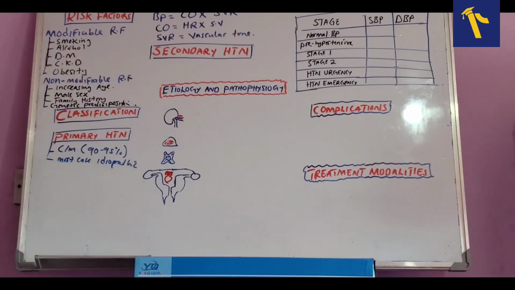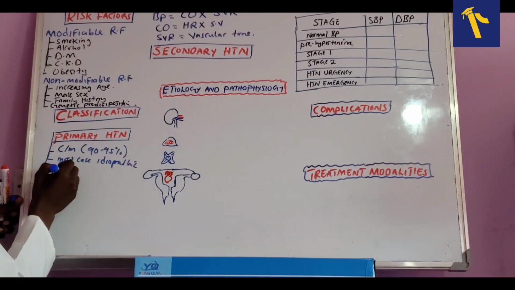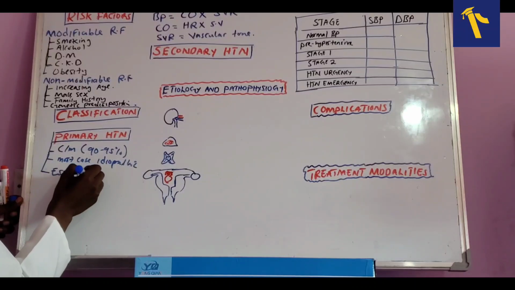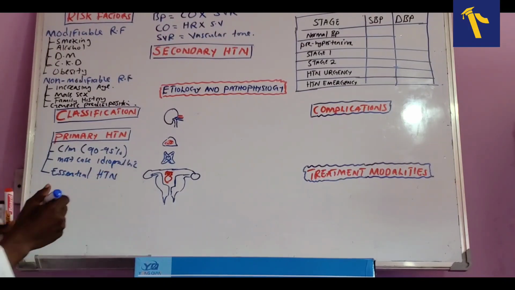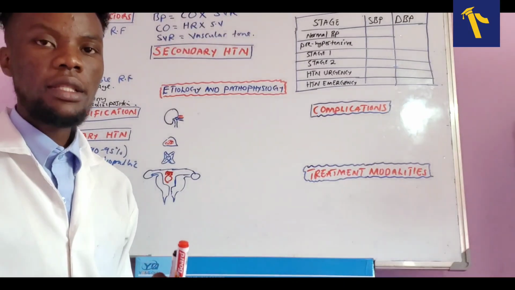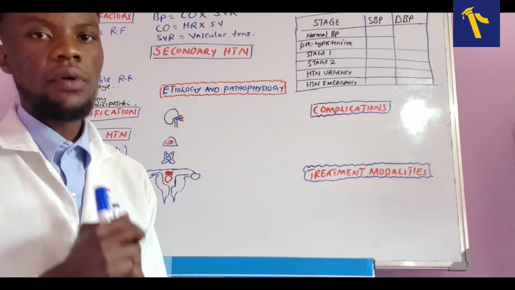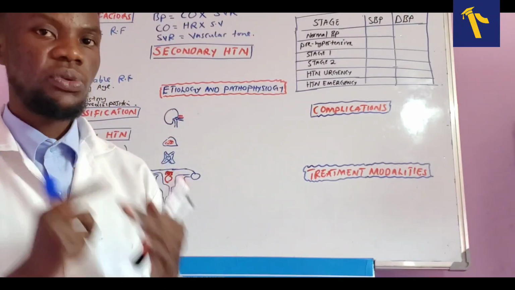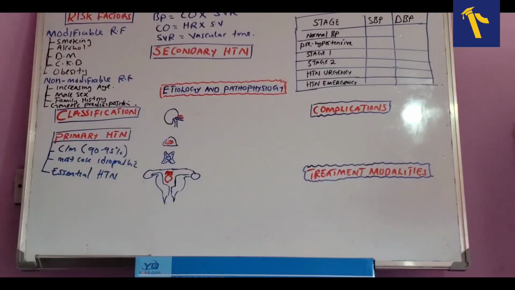Primary hypertension is also called essential hypertension. So if you just hear the word essential hypertension, they just mean primary hypertension, which in about 90 to 95% of cases we can't find the cause of. No wonder we just use risk factors under primary hypertension. So you need to take note of that.